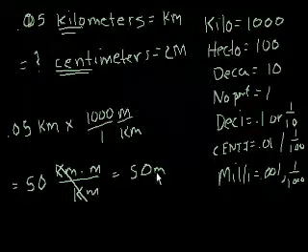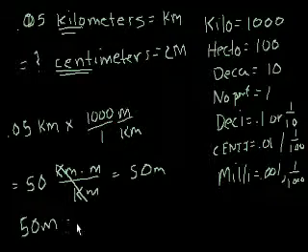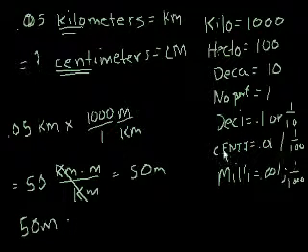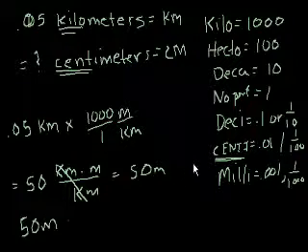We're not done yet. Now we need to convert those 50 meters into centimeters. Well, we can do the same thing. 50 meters times how many? So what's the relationship between meters and centimeters? Well, if we look at the chart, we see it's 100. And the question I'm going to ask you, am I going to multiply by 100 or am I going to divide by 100? Well, it's the same thing. We're going from a bigger unit to a smaller unit. So 1 of a bigger unit is equal to a bunch of the smaller unit. So we're going to multiply.